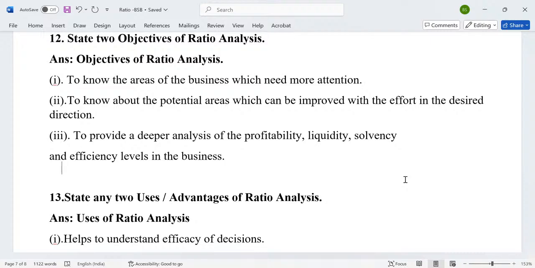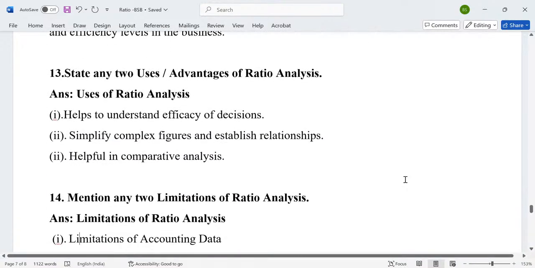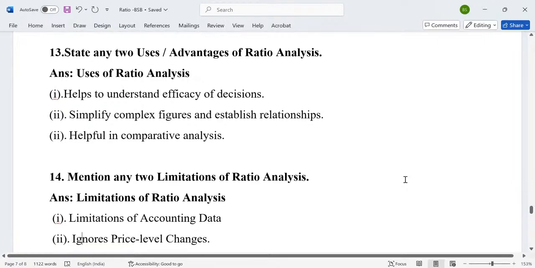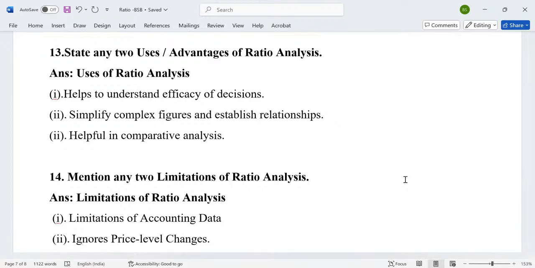State two uses or advantages of ratio analysis. Number 1, ratio analysis helps to understand the efficacy of decisions, whether the decision you have taken is correct or wrong. Second, simplify the complex figures and establish the relationship.